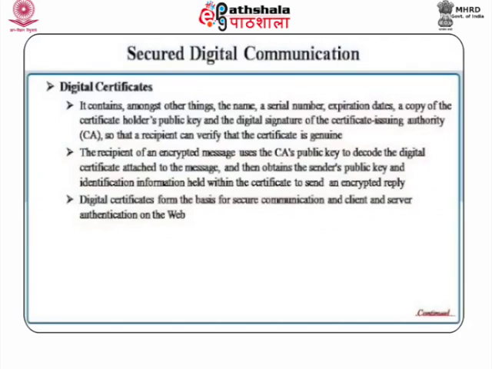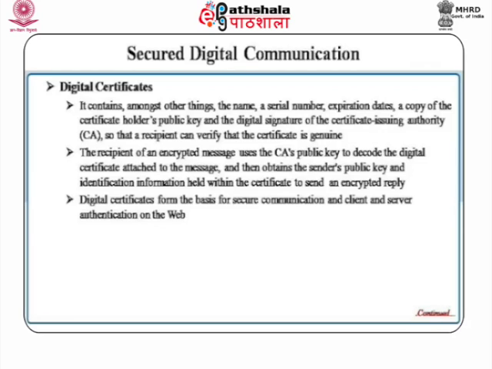It contains, among other things, the name, a serial number, expiration date, a copy of the certificate holder's public key, and the digital signature of the certificate issuing authority, that is the CA, so that a recipient can verify that the certificate is genuine.